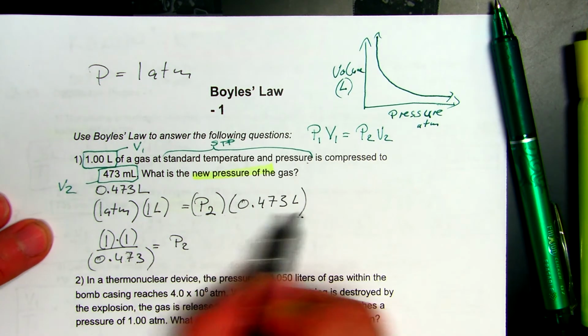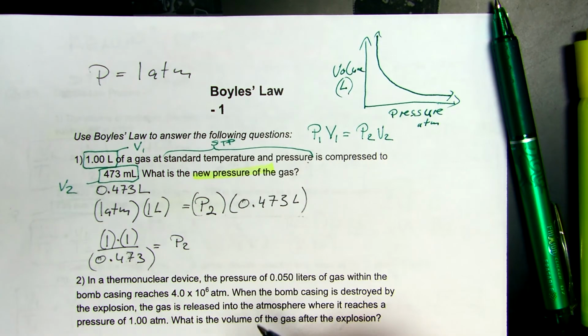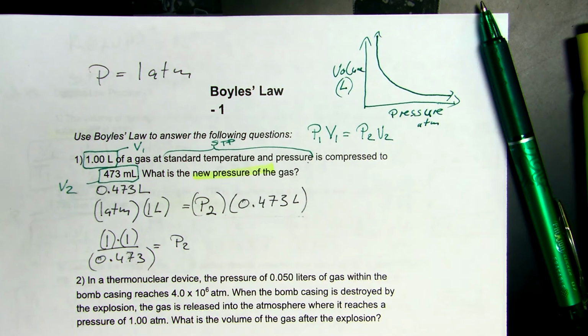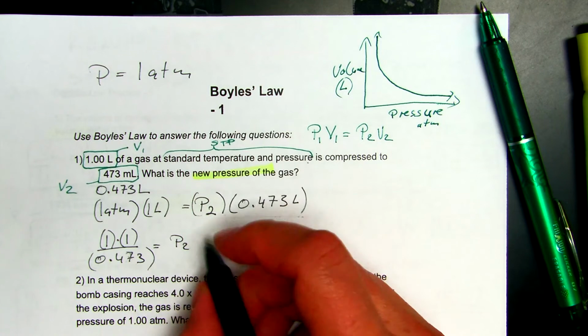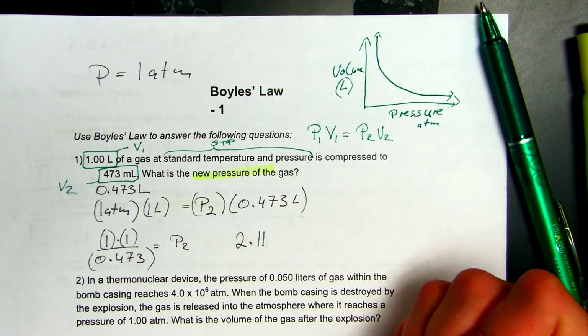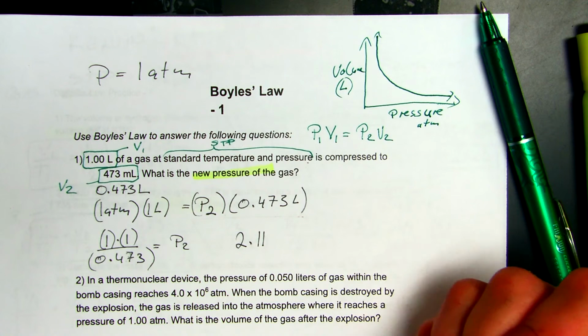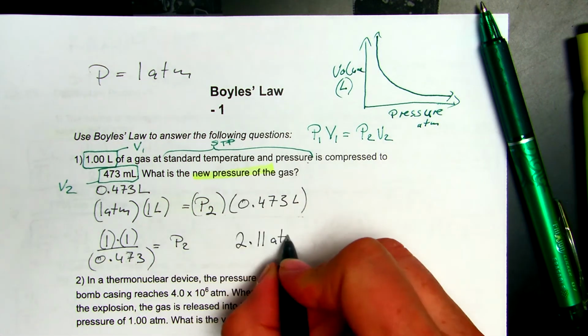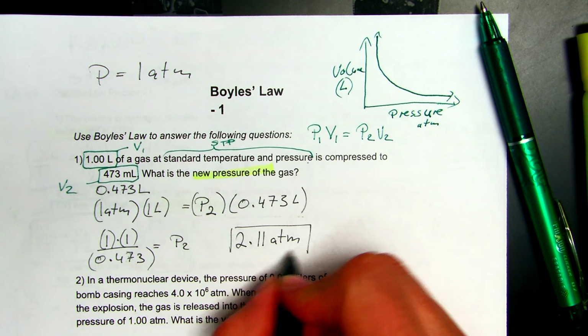So if you take out your calculator, what is my answer? 2.11. Okay. 2.11, what? If I use the atmosphere here, I'm going to have to use atm, so atmosphere here.